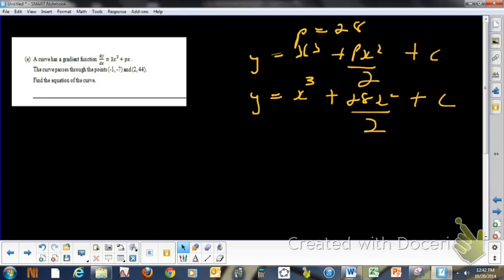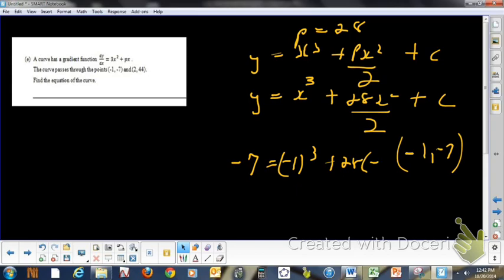I can stick in a point, and again, it doesn't matter what point you stick in, but I'm just going to go back and stick in -1 and -7 into this, and then I can get c. So I'm going to get -7 is equal to -1 cubed plus 28 times -1 squared all over 2 plus c. Work that out, you're going to get c is -20.